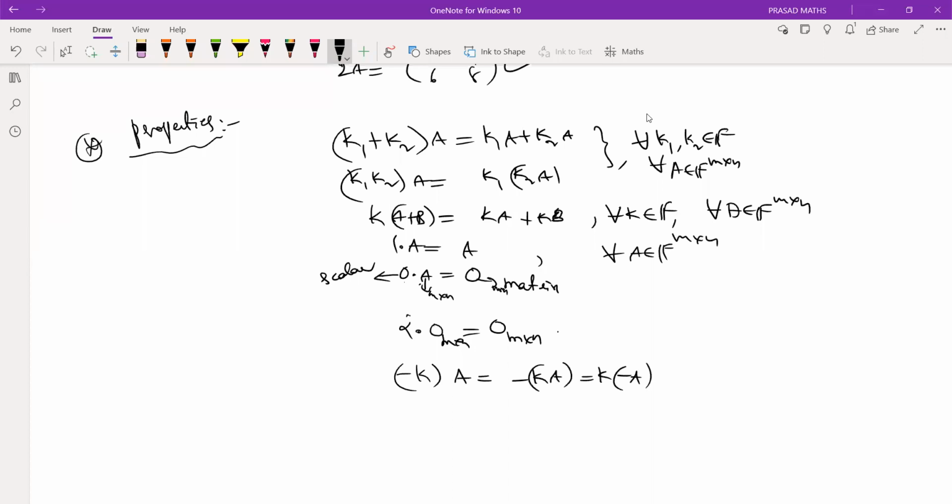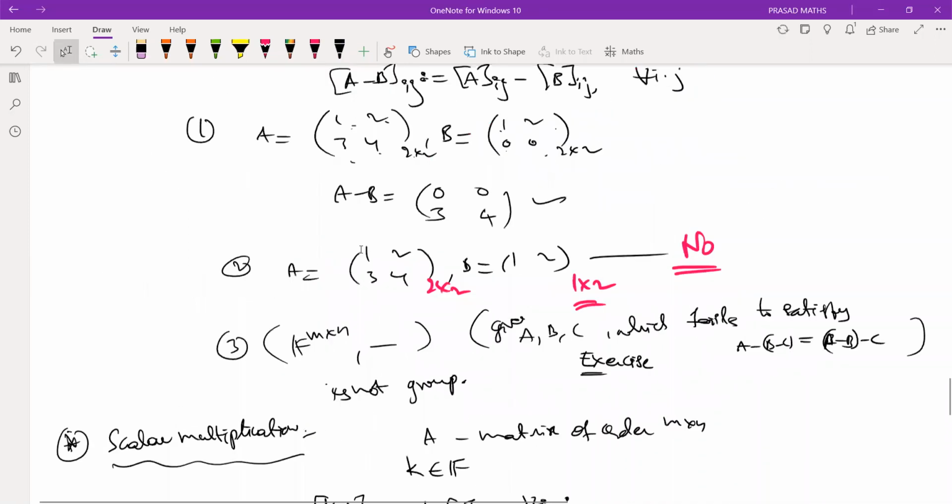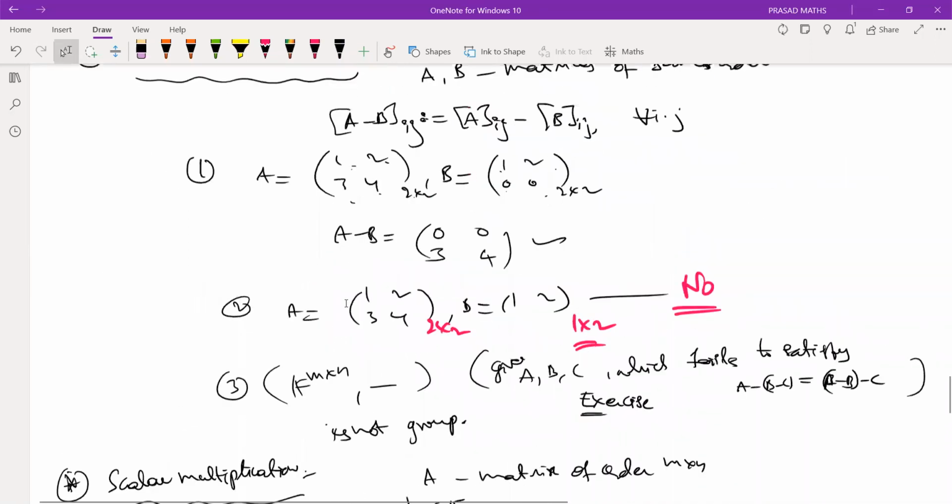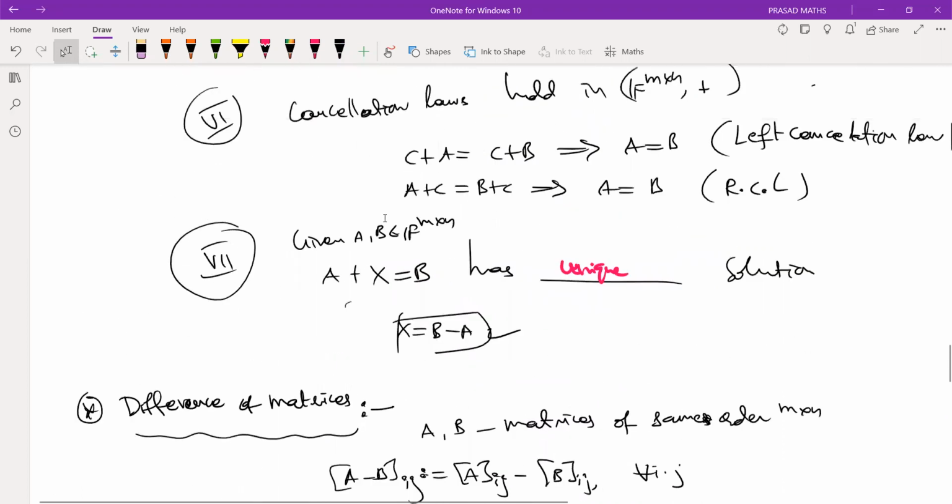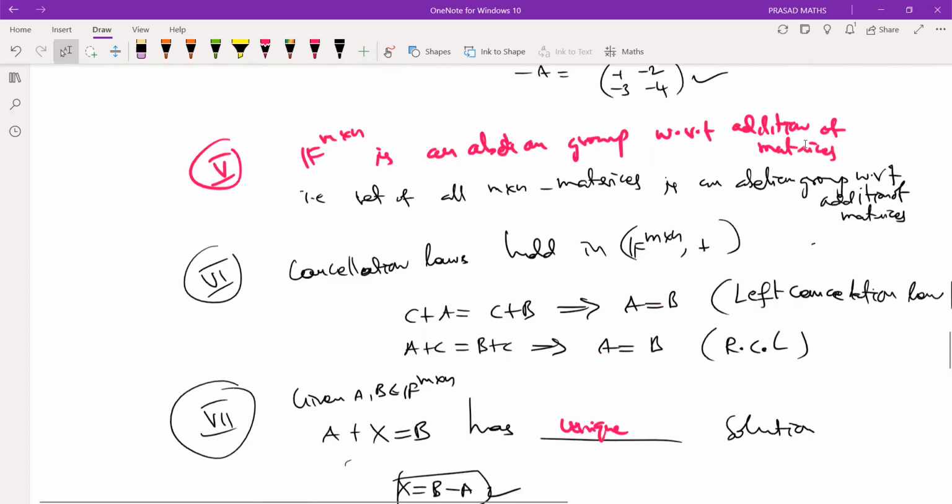So these properties are very, very important, because to define a vector space, these properties are useful. We have seen that the set of all m cross n matrices is an abelian group with respect to addition of matrices.